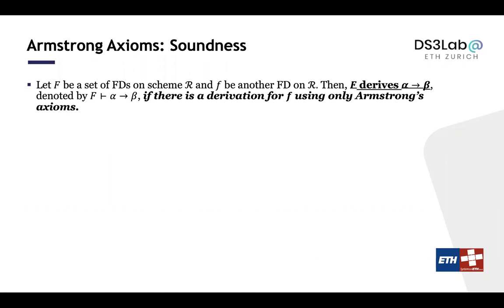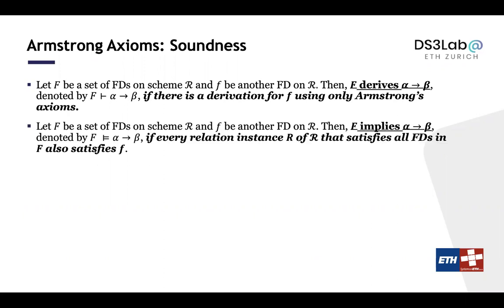If that is true, we say F derives alpha to beta. On the other hand, we have the semantic notion. We say a set of functional dependencies F implies alpha to beta, written this way, if every single relation instance of R that satisfies all functional dependencies in F also satisfies alpha to beta.